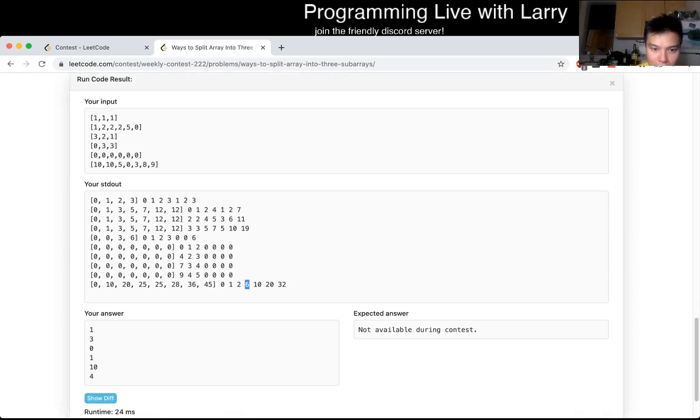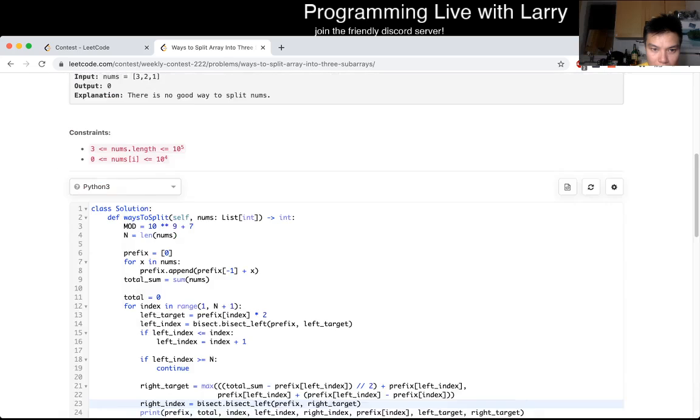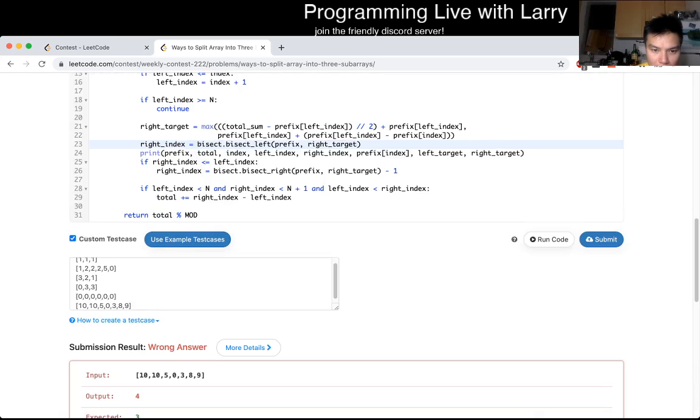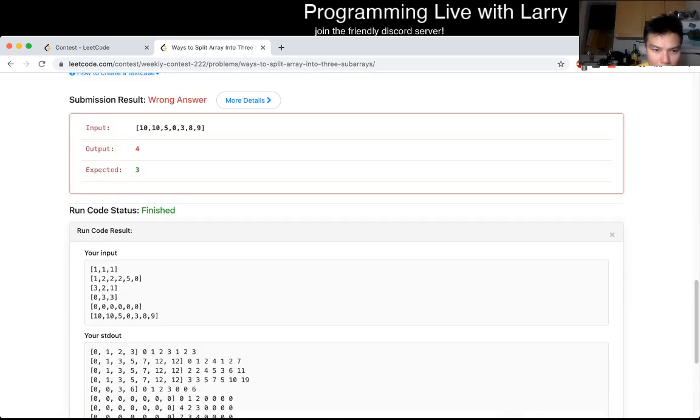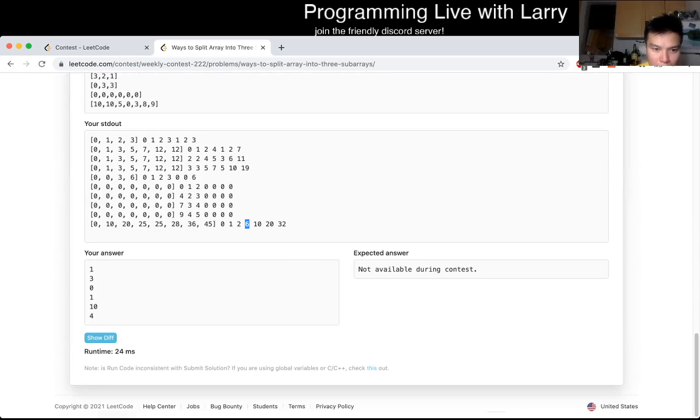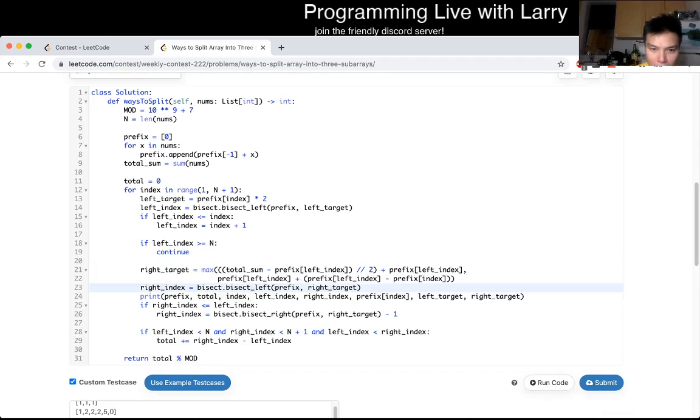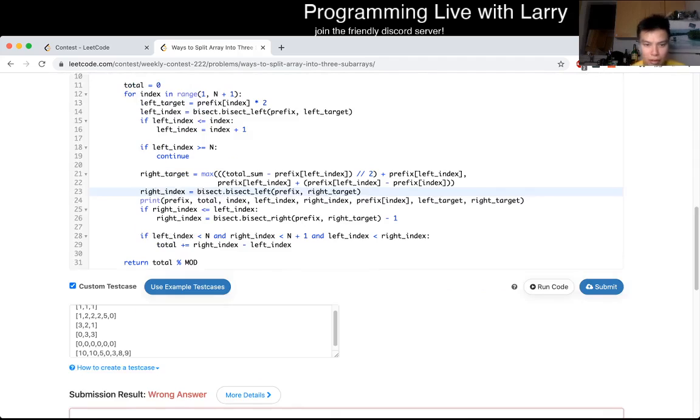Why is 20 giving me? 20 should give me 2. Oh no, my left right is 1. So, okay.